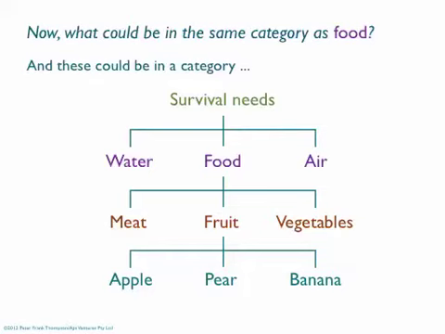It's true that we all need water, food and air to survive, or more specifically oxygen, I suppose you could put there. Air will do for the moment. Meat, fruit and vegetables are all forms of food. An apple, pear and banana are all forms of fruit. If, for example, in the food category we put tables, that would be logically inconsistent.